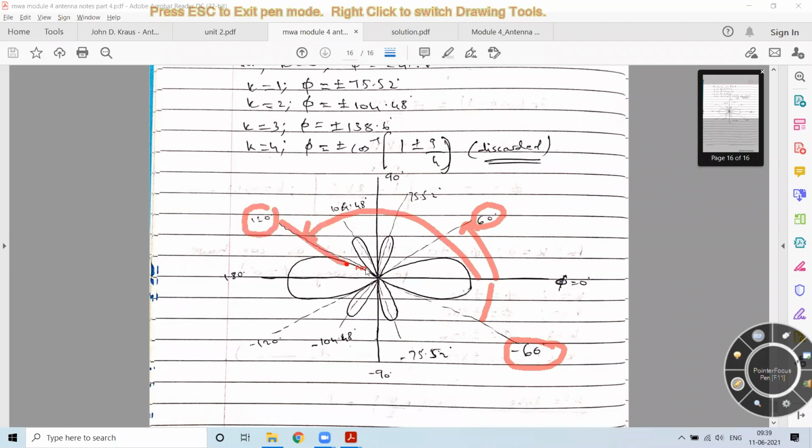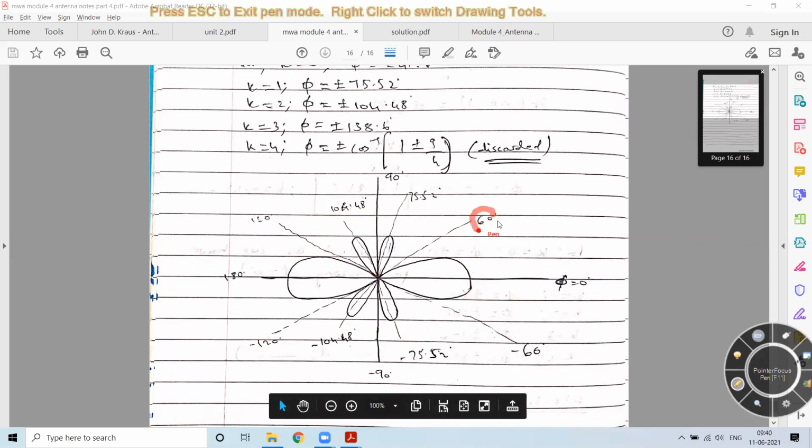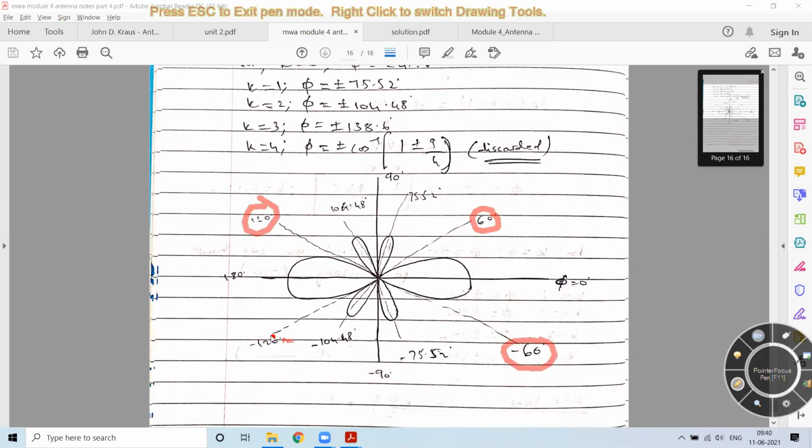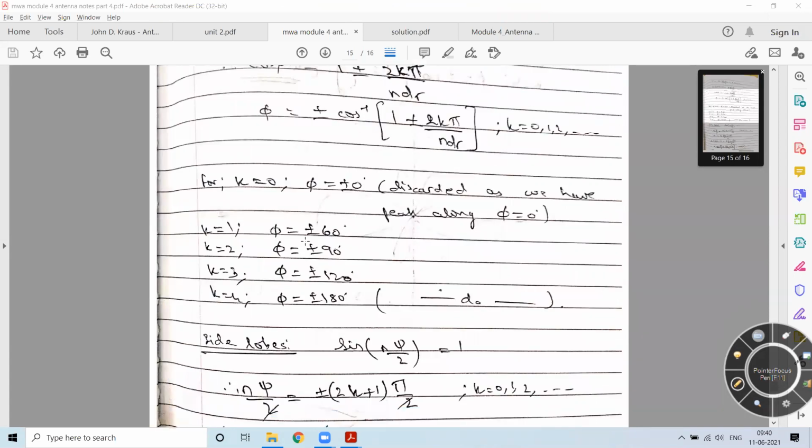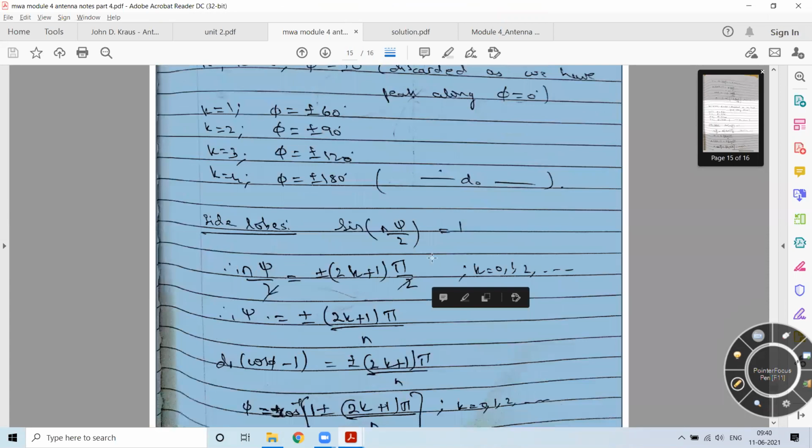Along this direction I have a null, and minus 120 is in the other direction, so I have a null over here. So I got nulls at plus 60, minus 60, plus 120, minus 120. Is there any other point? Here we have plus and minus 90 degrees also, where we have a null.